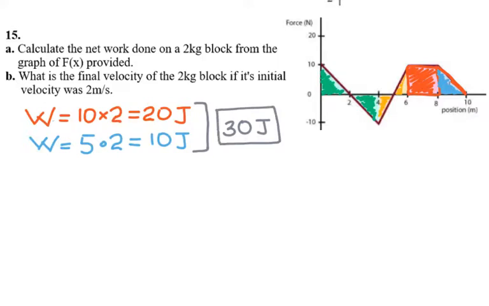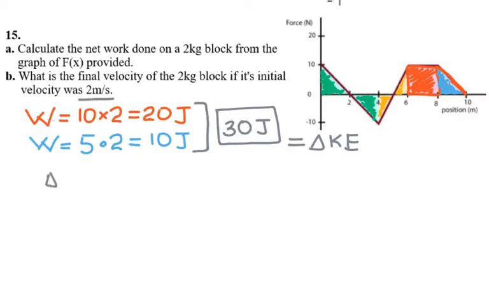And this energy is the one that you put into accelerating an object, so that is by how much your kinetic energy has changed. They tell you to find the final velocity of the 2 kilogram block if the initial velocity was 2 meters per second.